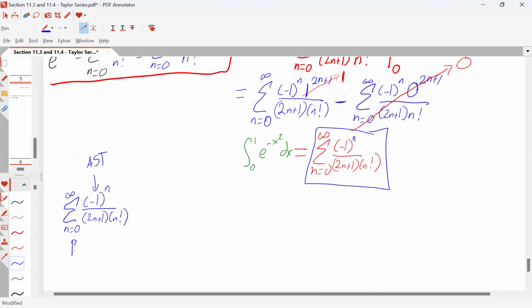The remainder theorem says that the absolute value of the remainder for an alternating series is less than or equal to b sub n plus 1. In this case, b sub n is 1 over 2n plus 1 times n factorial.